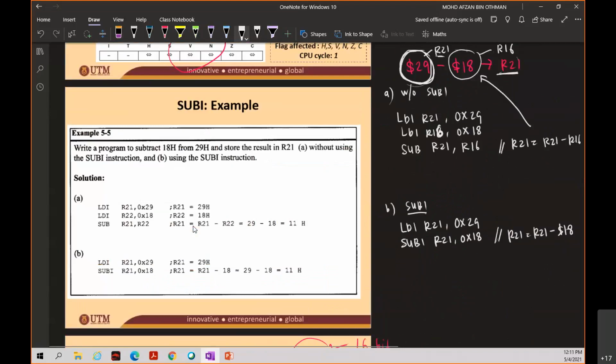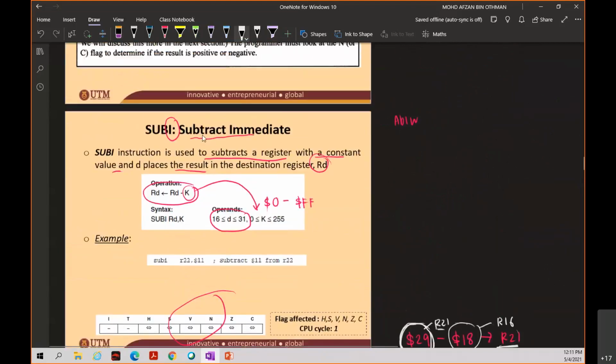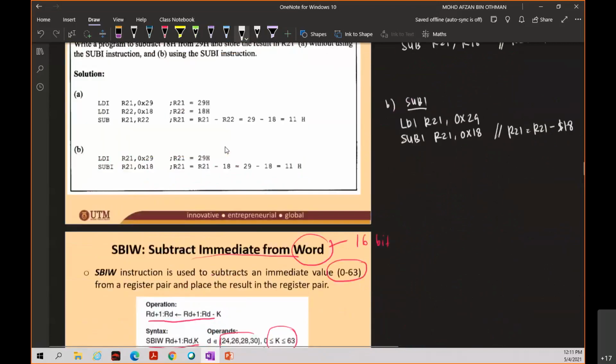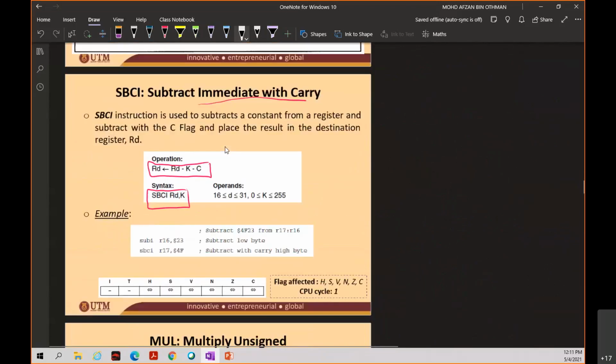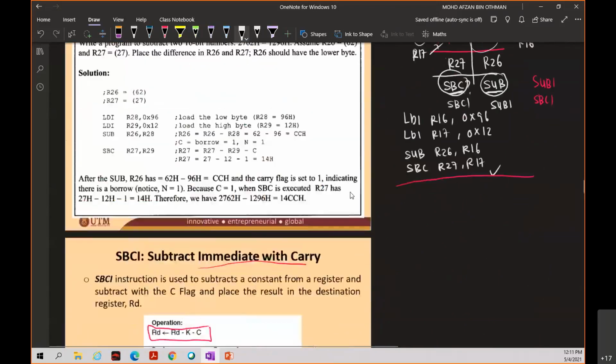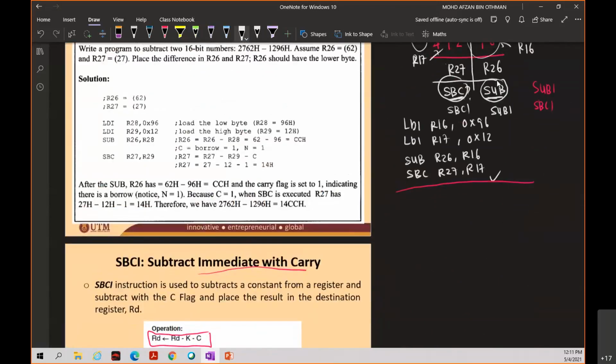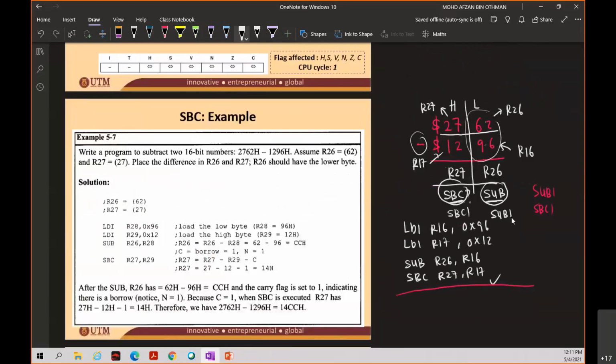We already learned about SUBI, which is to subtract an immediate, and another instruction called SBCI, which is subtract immediate with carry. Why not change from SUB to SUBI and SBC to SBCI?